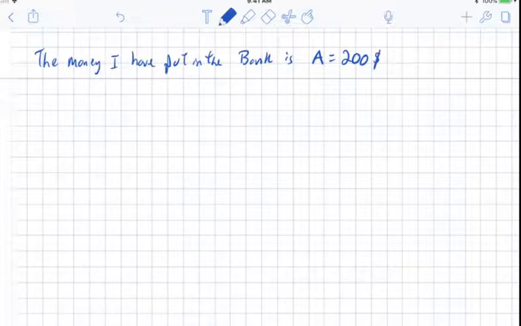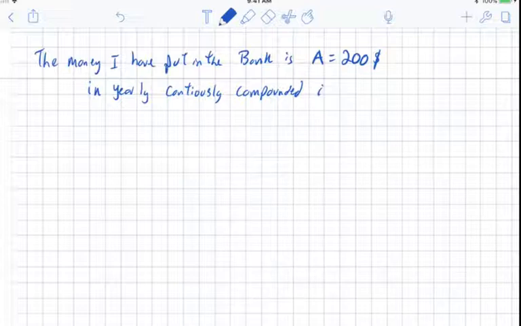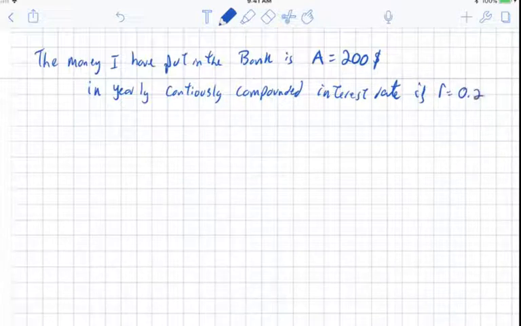And then we'll say the continuously compounded interest rate is R equals 0.2. I guess that's 20%. So maybe I own a payday loan. And then how much money do I have? And then I said I'd give you the model.